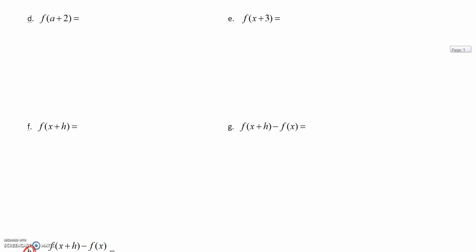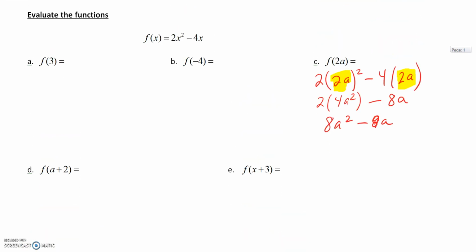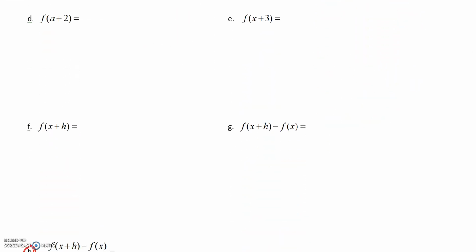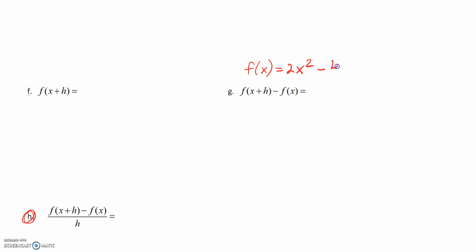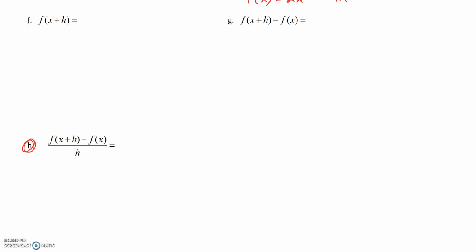So for this function, which is 2x squared minus 4x, I'm going to write that down here just so I have it on the screen. So f of x equals 2x squared minus 4x. Okay, so let's see how that's going to be applied to G.